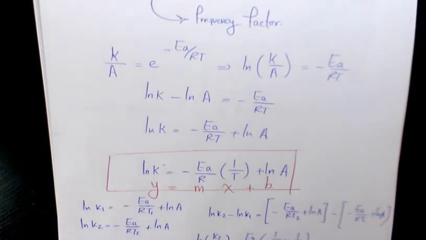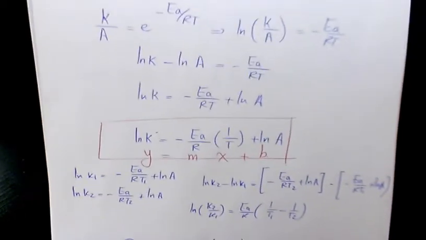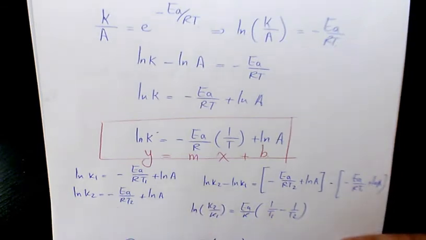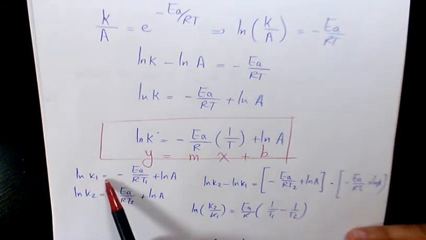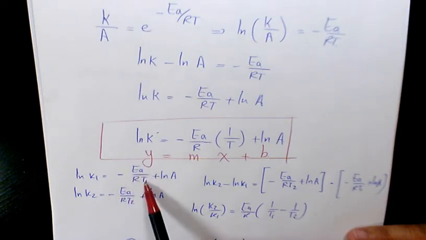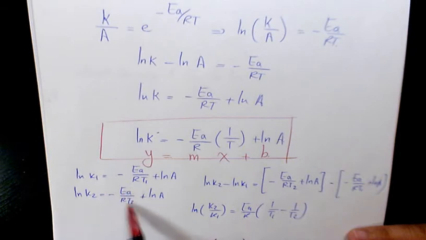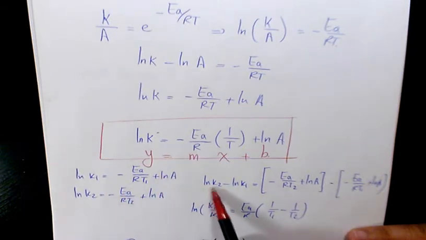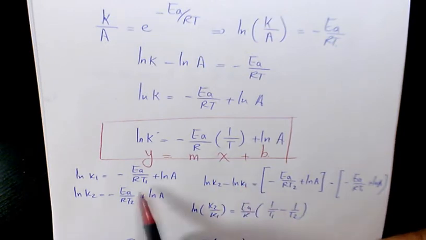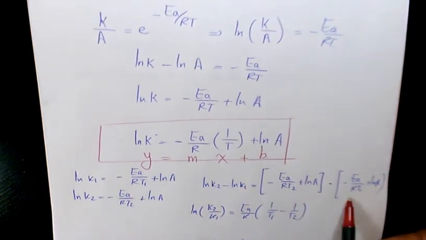Using this relationship, we can find the relationship between the rate constant and temperature. So for different temperatures, we can estimate the value of the rate constant. Usually, for larger values of temperature, we're going to have larger values of k. Then when we compare two different temperatures and two different rate constants, we can say ln k1 equals negative Ea over RT1 plus ln A, and ln k2 equals negative Ea over RT2 plus ln A. When you subtract them, it's going to be ln k2 minus ln k1, and the ln A terms cancel out.